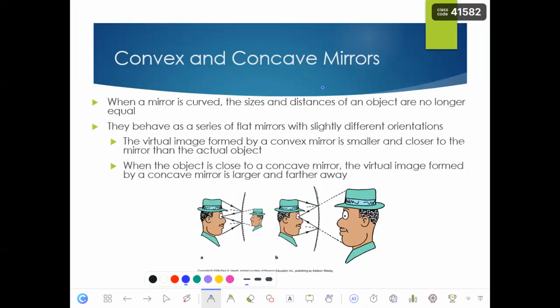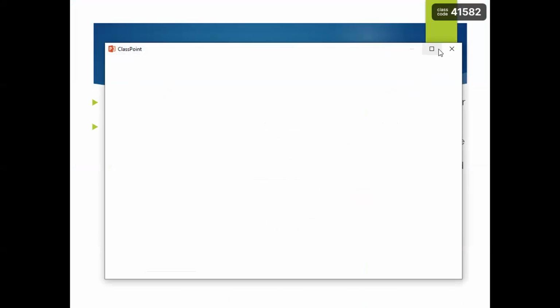When the object is close to the concave mirror, the virtual image formed by the concave mirror is larger than the object. Good? But how is the image created in the concave and convex mirror? I'm going to show you how the image is created by using this website.